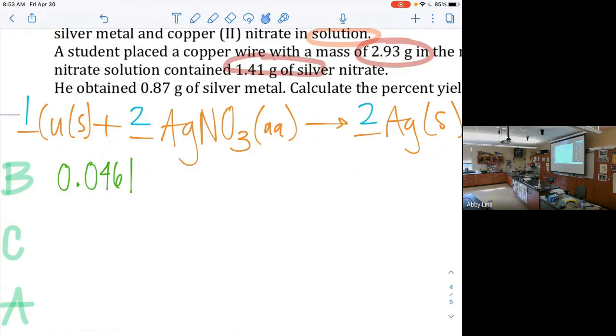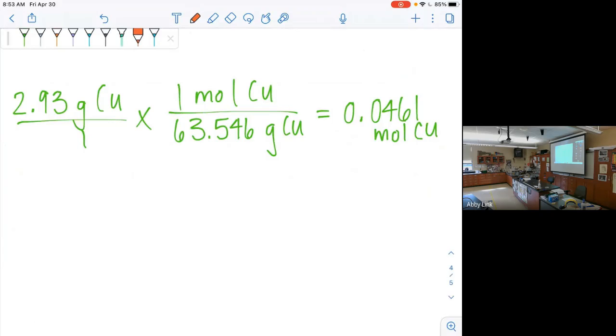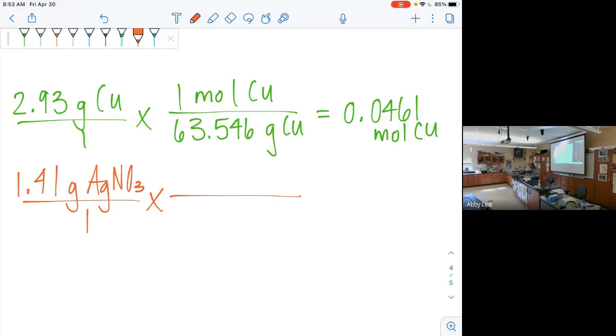Now they give us the 1.41 grams of silver nitrate, so that's our next calculation. We calculated that molar mass, 169.87.